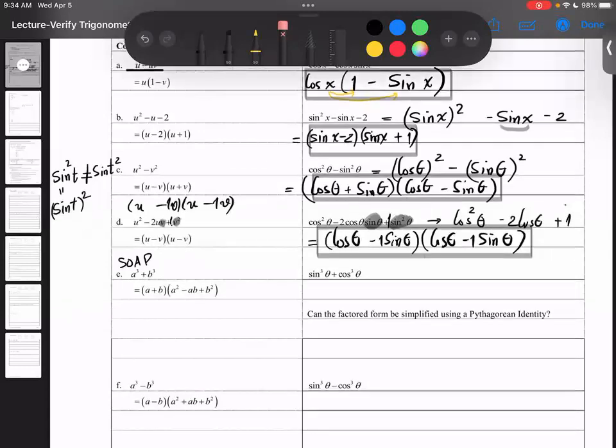Let's apply it to trig. If you forgot, here's your sine theta, imagine that's your A, and then cosine theta, that's your B. Now all you have to do is fill it in. A plus B, so sine theta is A, plus B is cosine theta.